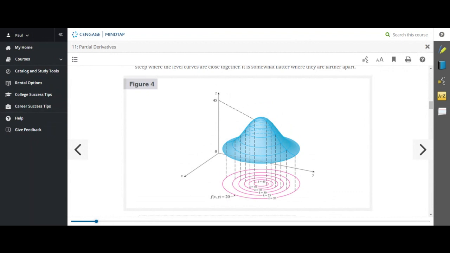And what's the difference between each level? So the levels have different heights, and it does look like a topographical map. In fact, it is, in a sense, that red graph there in the XY plane.